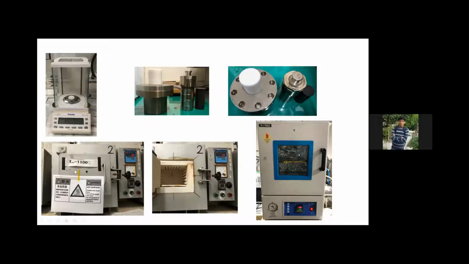And this is the hydrothermal reaction chamber, and we will put it over here, and here we can set the temperature and the time. After that we lock this instrument.